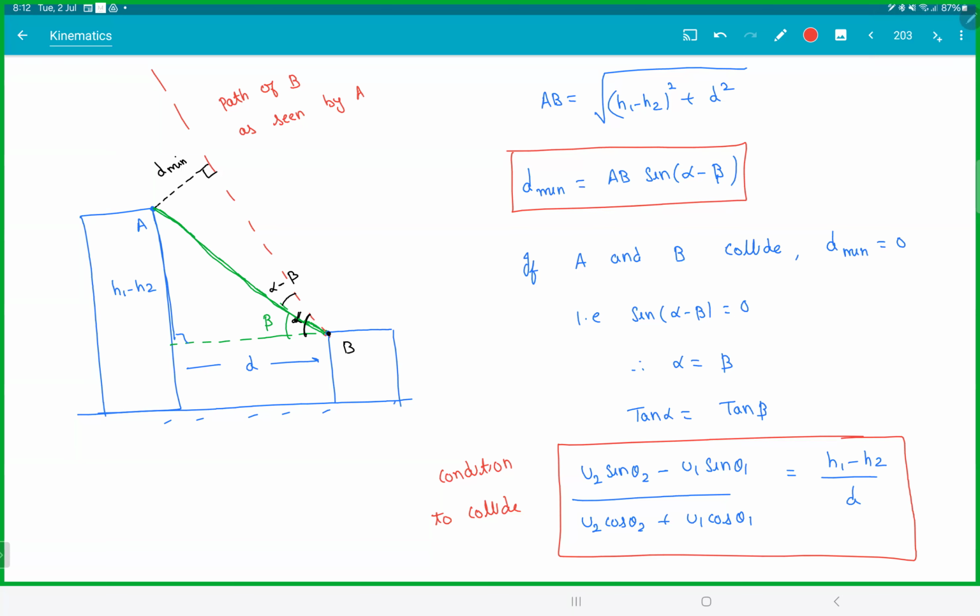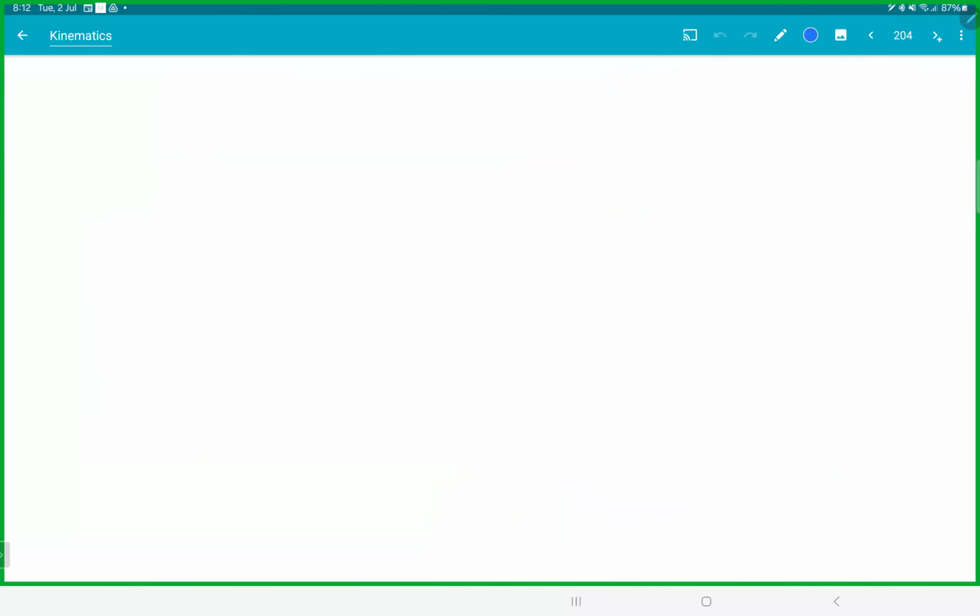Everyone got the steps? Now, if you just want to find the condition to collide, you can do it faster. The steps are the same.